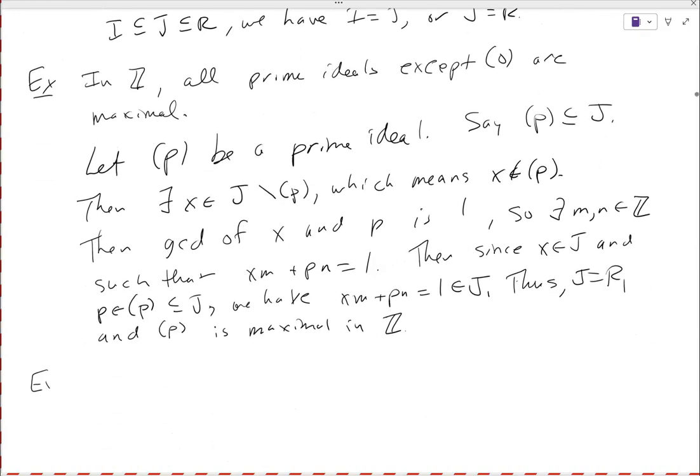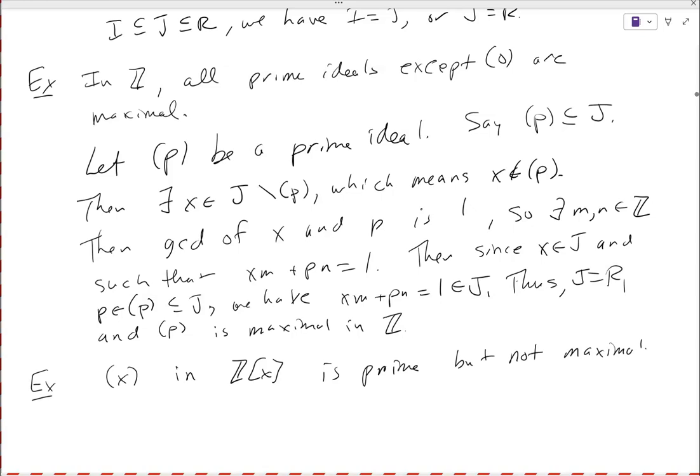We just saw that the ideal generated by x in Z adjoin x is prime, but not maximal. Why is it not maximal? Well, remember that this ideal generated by x has what for constants?